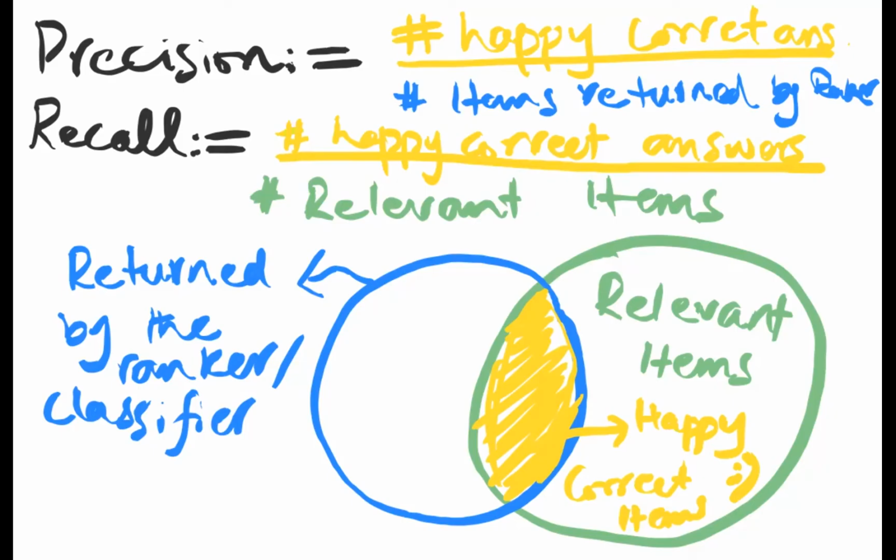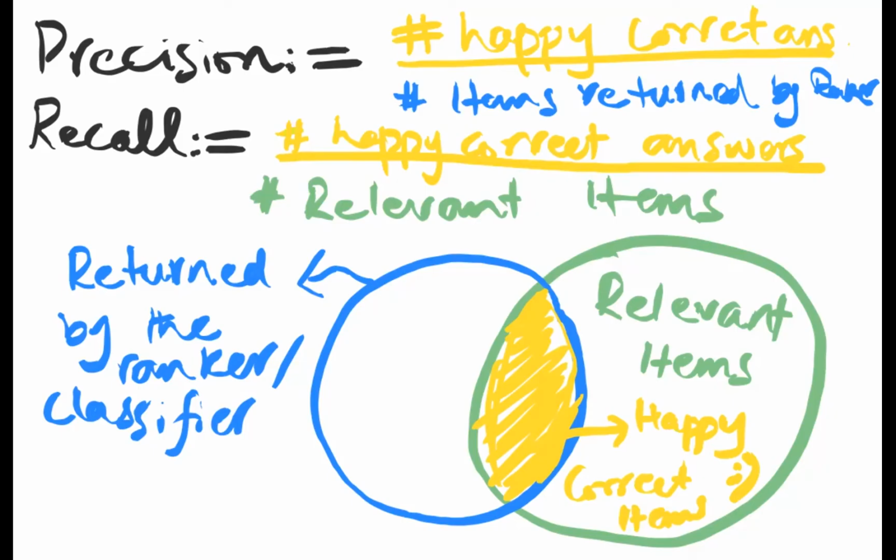So in other words, you could say that the precision is answering this question. Every evaluation metric is answering some sort of question regarding the model. For example, precision is answering this question: out of the items that our classifier thinks are relevant, how many are actually relevant?